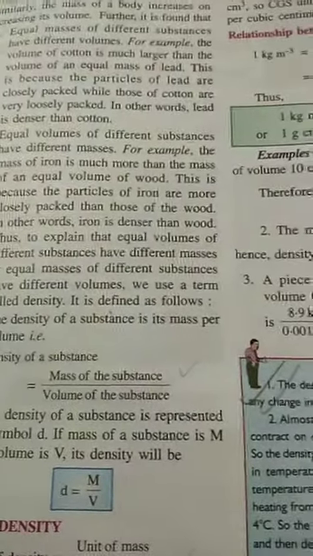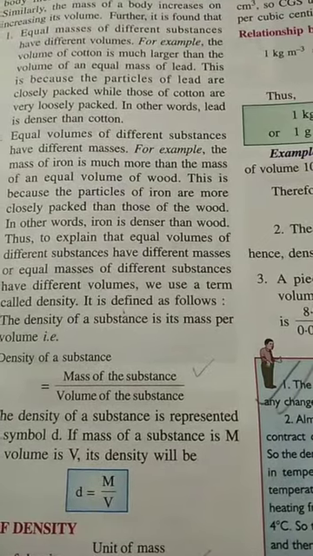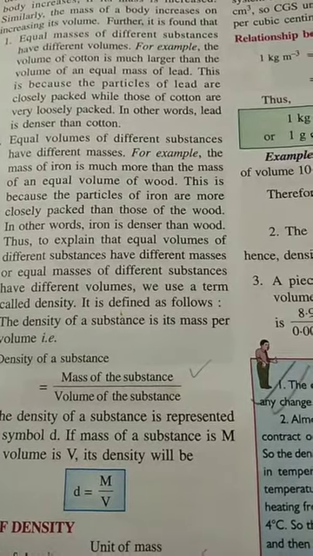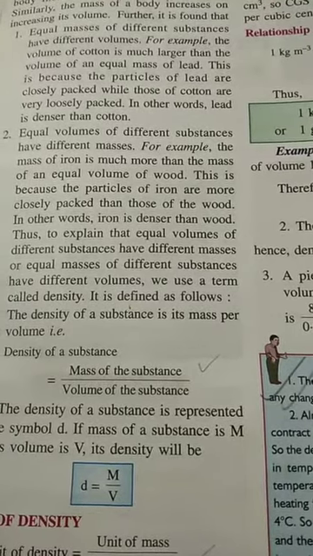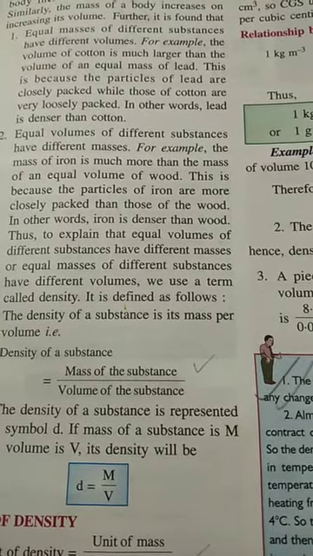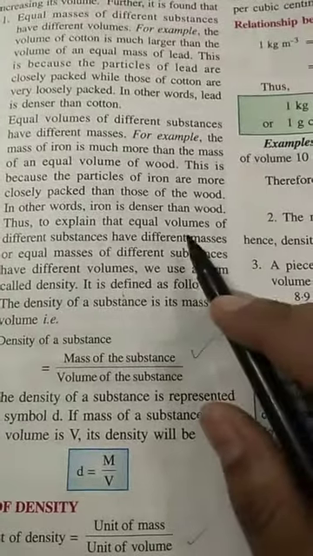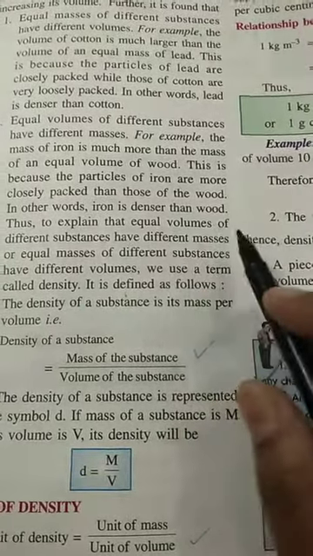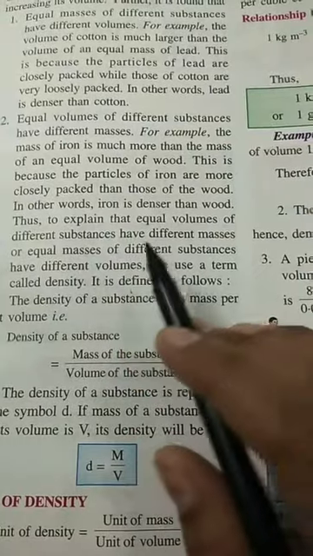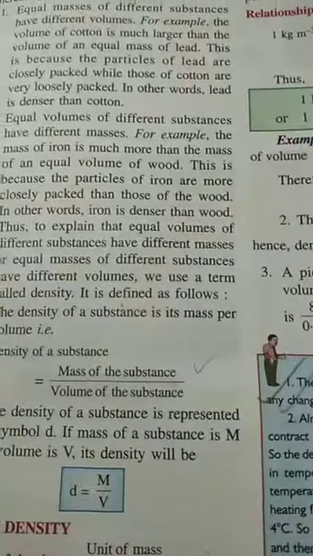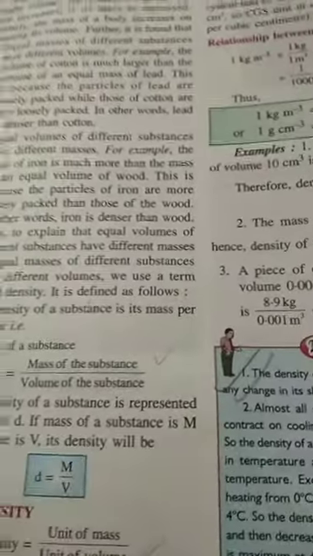The reason is that the particles of iron are more closely packed than those of wood, so iron is denser than wood. Thus, to explain equal volumes of different substances having different masses, or equal masses of different substances having different volumes, we are going to understand density.